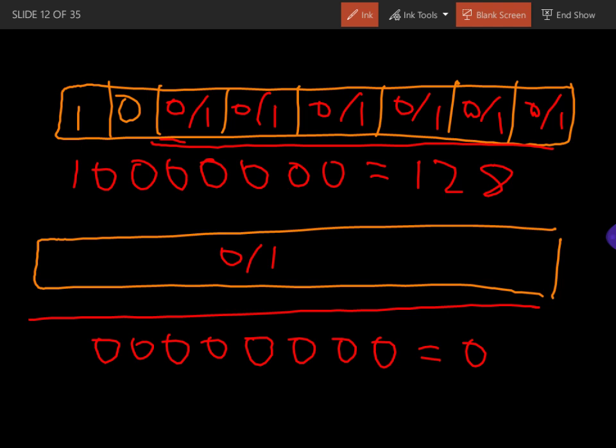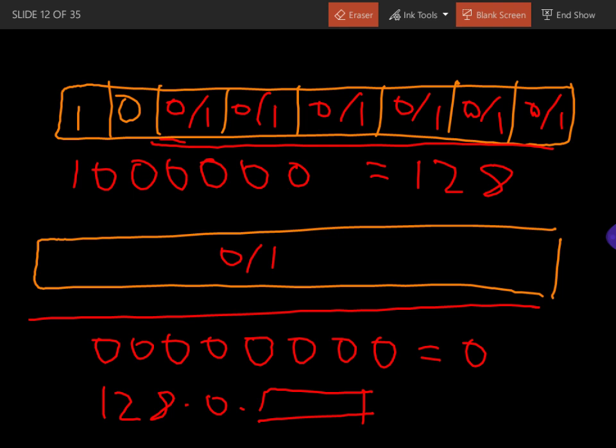So therefore, the first IP address for the network address is 128.0. Whatever in the next 2 octets, right?